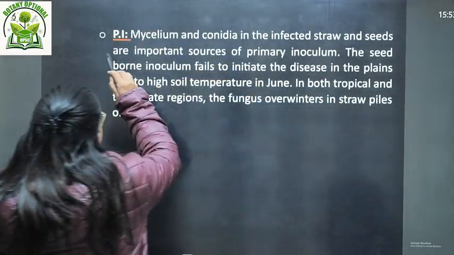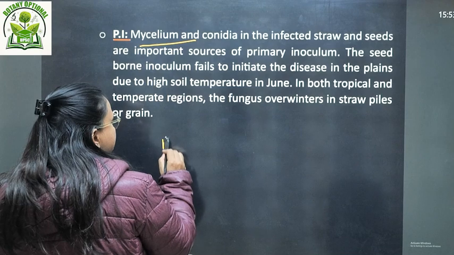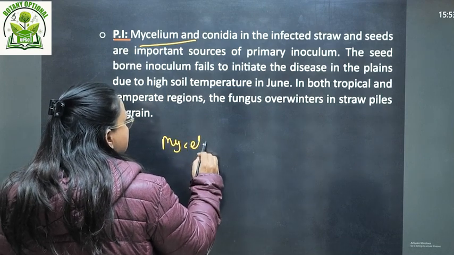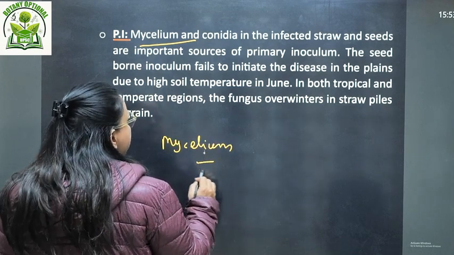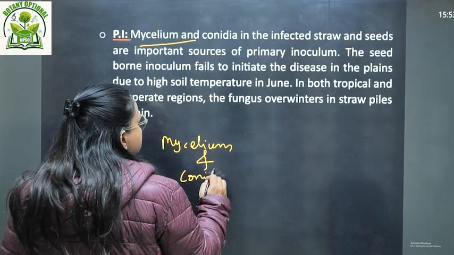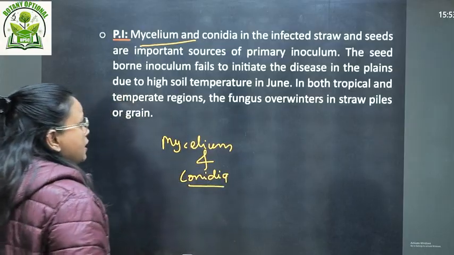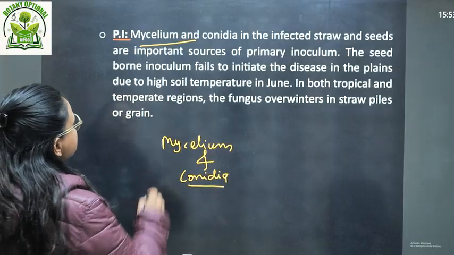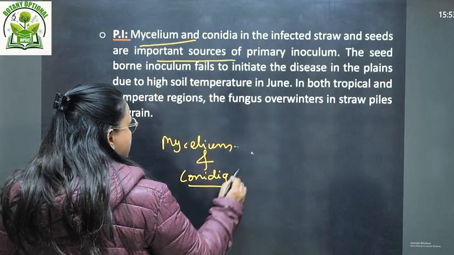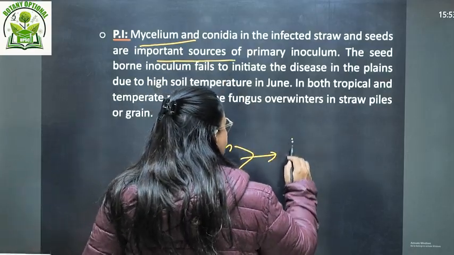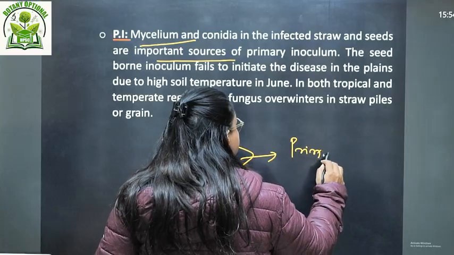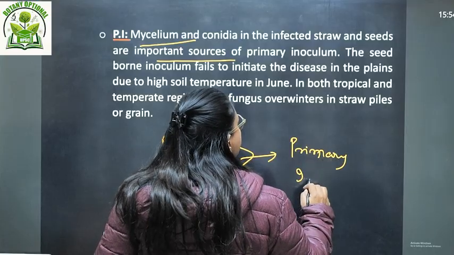If we see the primary infection, mycelium and conidia in the infected straw and seeds are important. These are the primary inoculum.